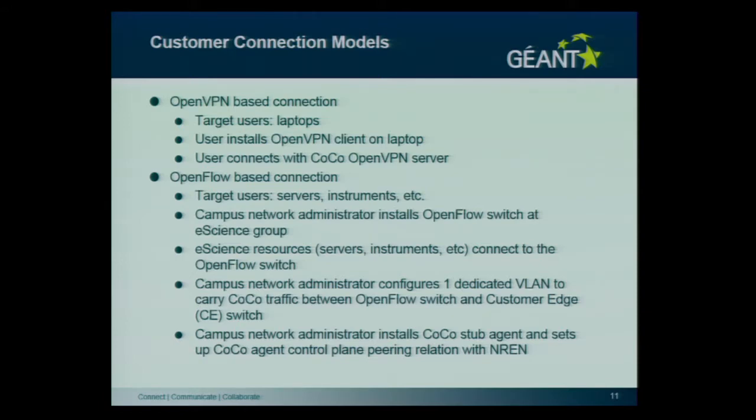So all COCO-related traffic is sent within the campus over that VLAN. We chose this because VLANs are supported on most campuses, and configuring one additional VLAN isn't that hard, we think. So we think this is a feasible way of introducing the service in campuses.